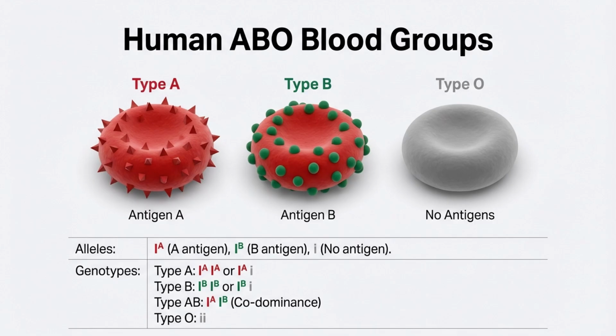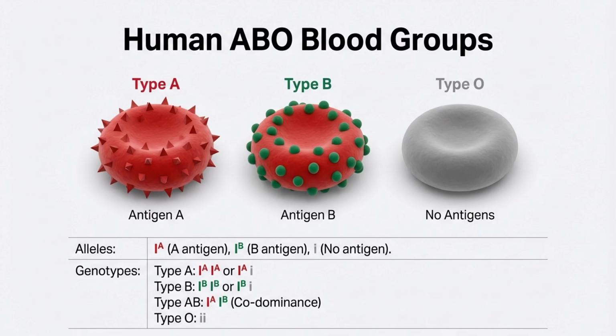Next, the most famous example of multiple alleles is human ABO blood groups. So in the case of blood grouping in humans, we have three alleles, IA, IB, and small i. And this system also introduces codominance that we have already studied in our previous lectures.